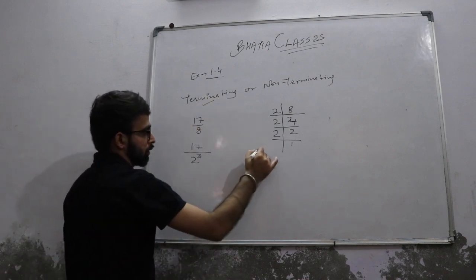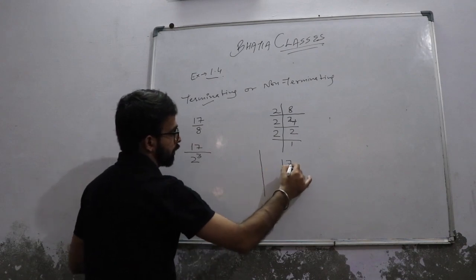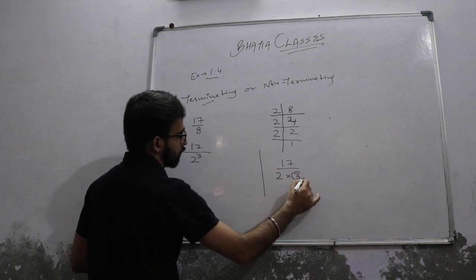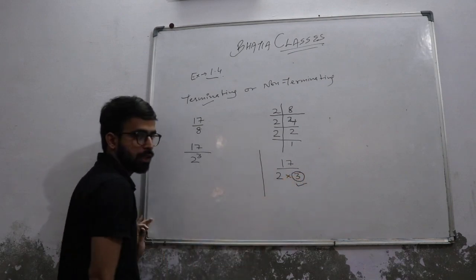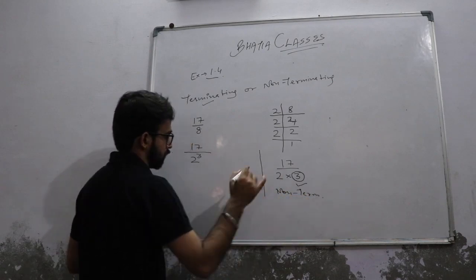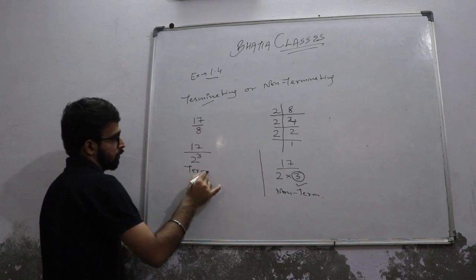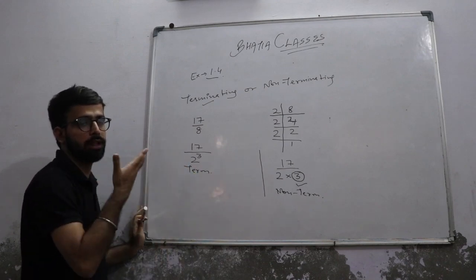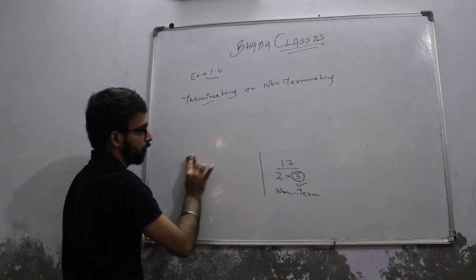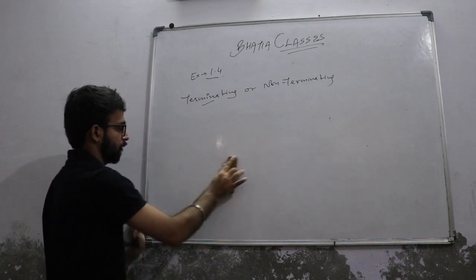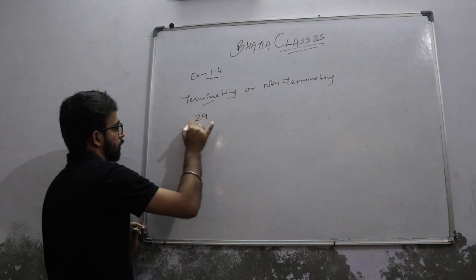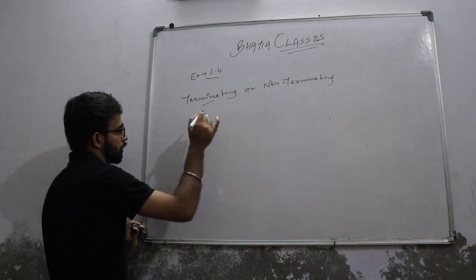But if you get something other than 2 or 5, for example 2 multiplied by 3 in the denominator, this number has a factor other than 2 and 5, therefore these numbers are non-terminating and those numbers are terminating. Let me show you another example: 29 by 343.